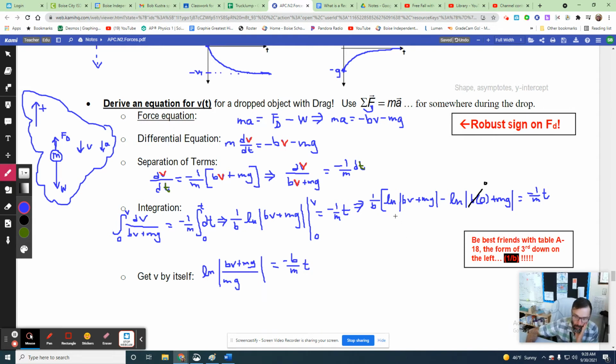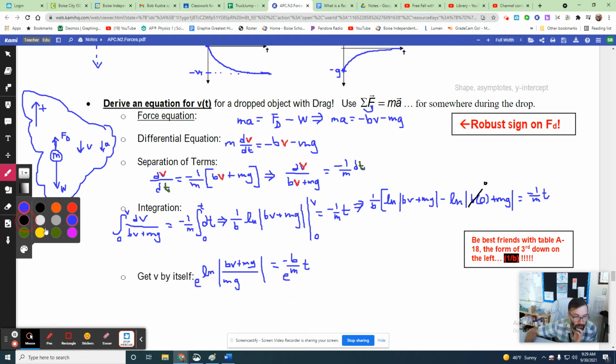So we can come over here and draw what we're left with. I moved that b over to the right-hand side by multiplying on both sides. That's how it ended up here and disappeared from over here. And when you have a natural log minus natural log, you can make that equal to the natural log of this thing divided by this thing. And that's how I got to here. At this point, you can get rid of this natural log by doing e to both sides.